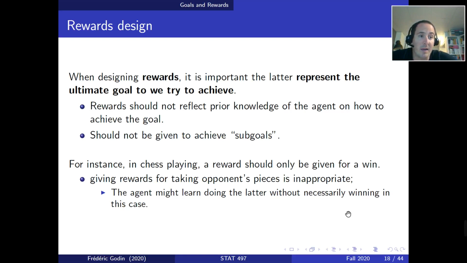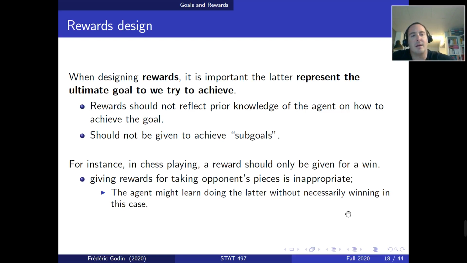Okay, so if you take an opponent's piece, you're in a better position, and then it should help you win. Okay, so this is the last statement is prior, what we referred to earlier as prior knowledge on how to achieve the goal. Okay, so you assume that by taking pieces, this will help you win the game. Okay, but you shouldn't do that.